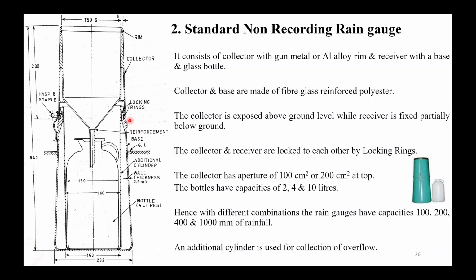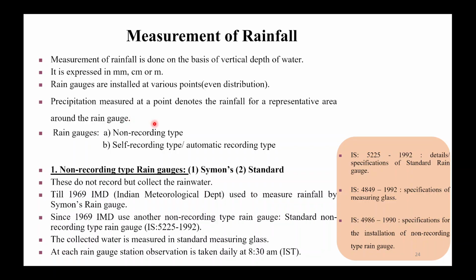Now there are some IS codes which give the specifications of how to design these rain gauges. Say IS 5225-1992 gives the specification of the standard non-recording rain gauge. Okay, but IS 4986-1990 tells the specifications for installation of the non-recording type rain gauge.